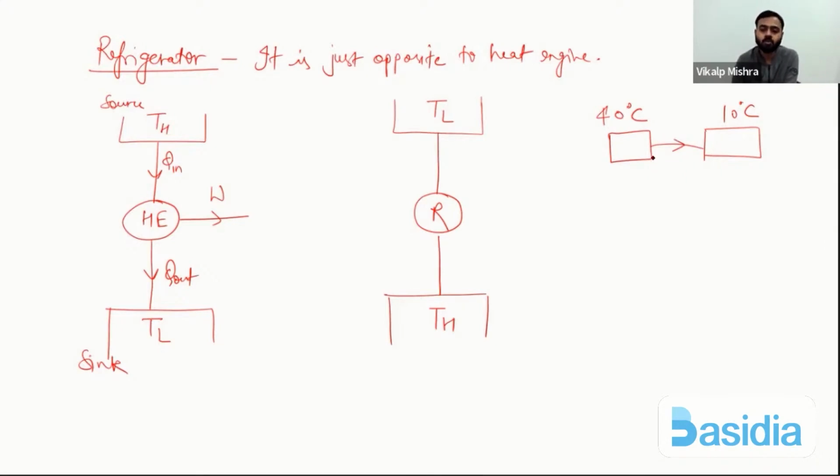ठीक है, तो यहाँ पे हम लोग देख सकते हैं heat always flows from higher temperature to lower temperature, and it is spontaneously.